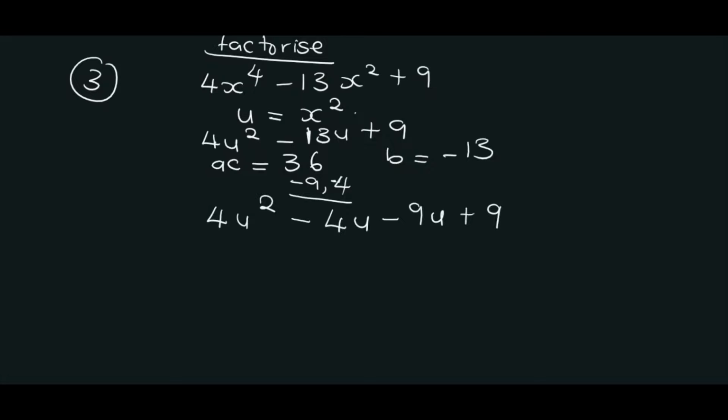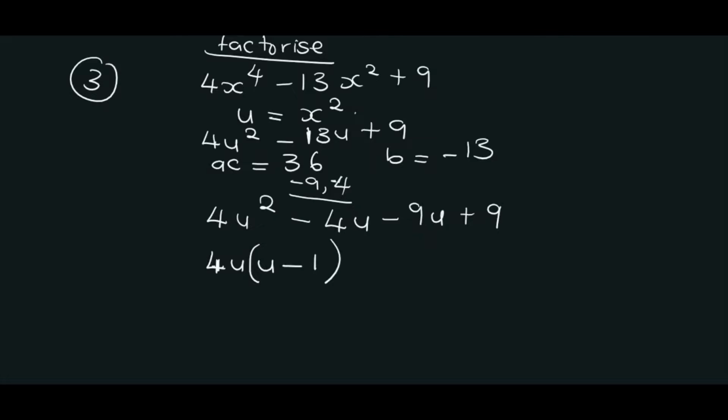Notice there is no equals to 0 here, so don't put it. Okay, so now we can factor out 4u. So 4u into 4u squared, we get u, and then here 4u into minus 4u, we get minus 1 in the bracket.